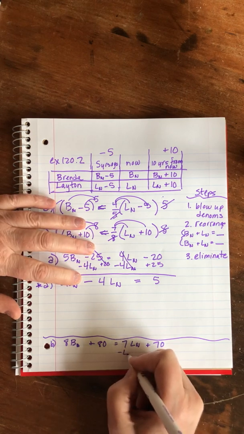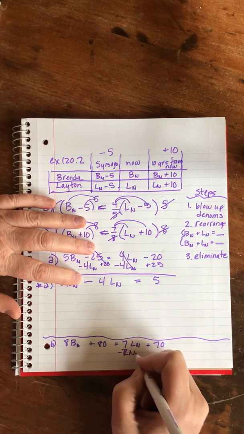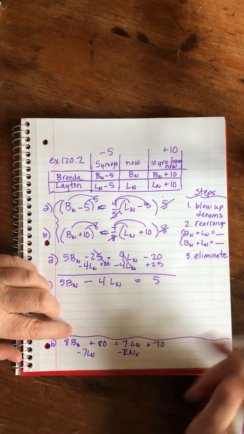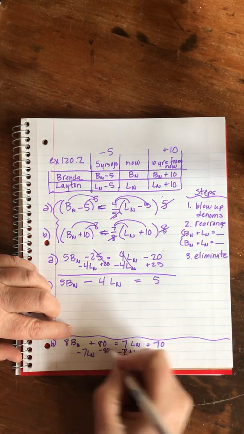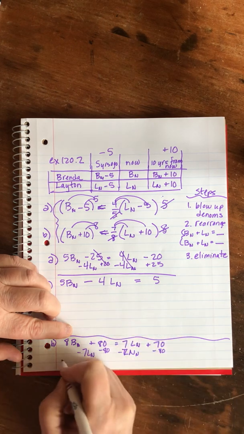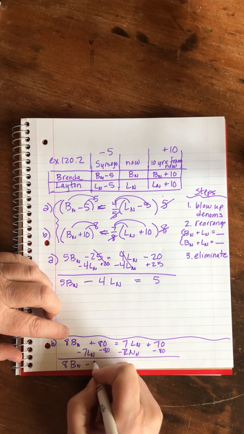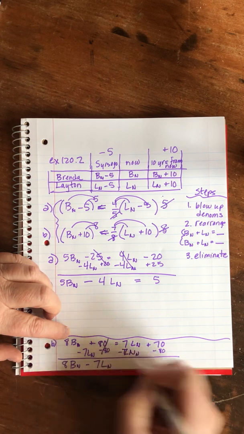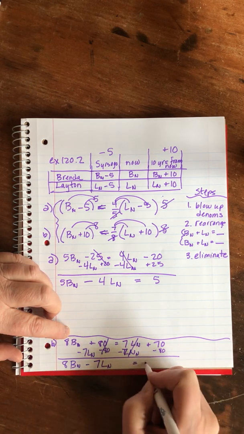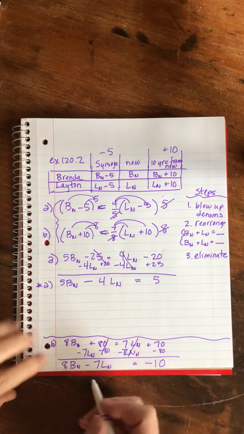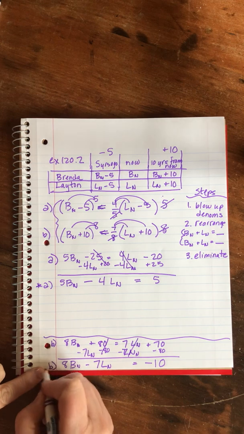Okay, subtract the 7ln to get it over here, because that's the shape I want, and then I'll subtract the 80 for the same reason. So now I have 8bn minus 7ln, cancel, equals minus 10. All right, I like it. So now this is my new b. That's the one I want to use.